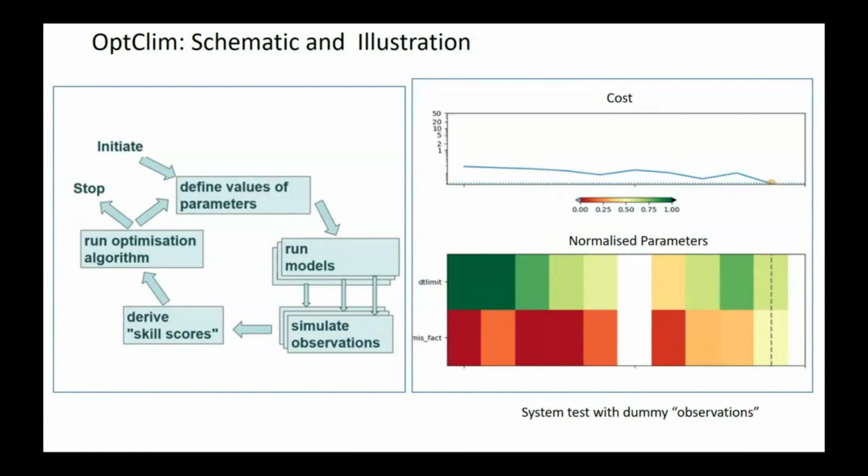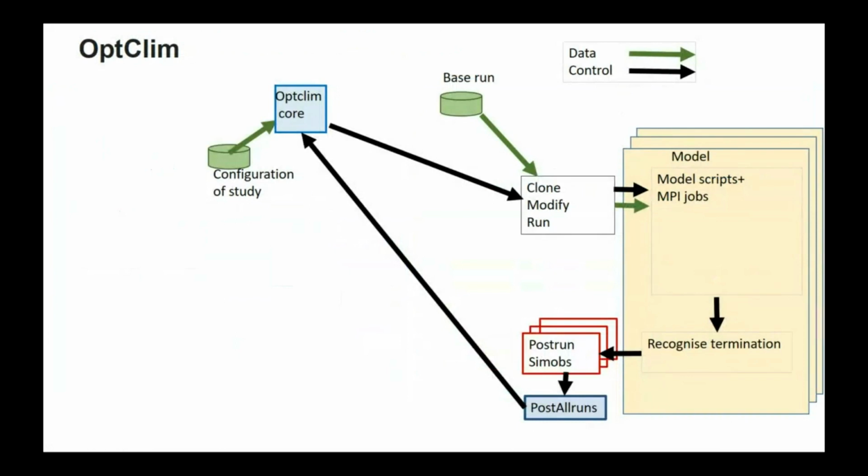Now we'll look at how this schematic on the left gets actually expressed in software and data. Working clockwise, we begin with some kind of configuration of the study. That's then read in by the OPTCLIM core. That determines how many runs it wishes to make and the parameter sets for each of those runs. Each of those runs is then cloned from a base run. Here's just a copy of that.